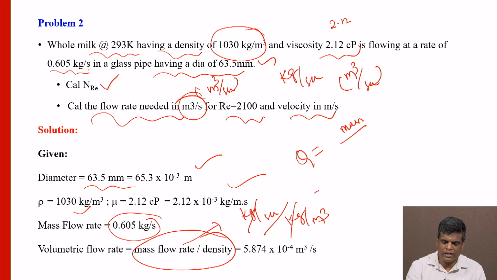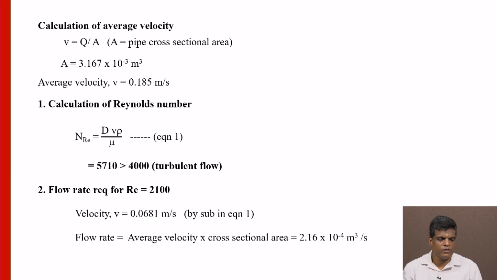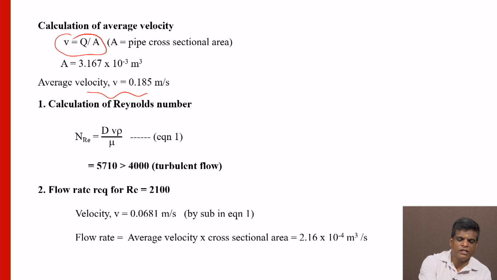If we cancel it, we get meter cube per second volumetric flow rate. Still we cannot use the equation, because you have to convert the volumetric flow rate to velocity. That velocity V is 0.185 meter per second.